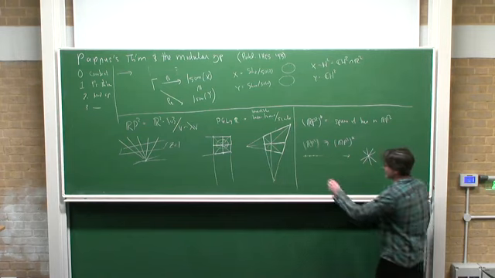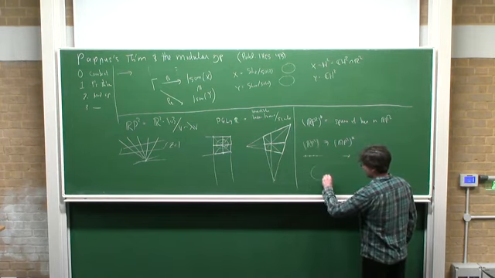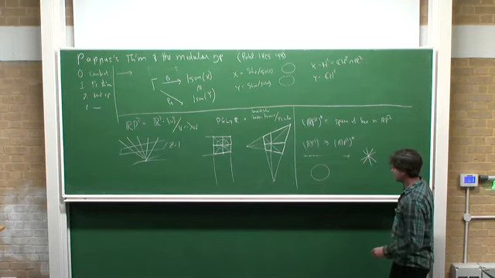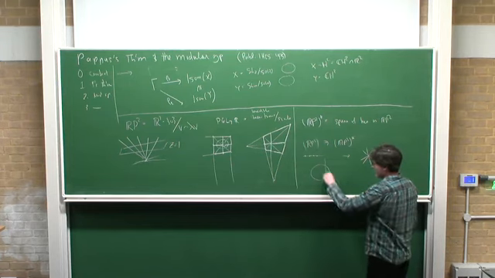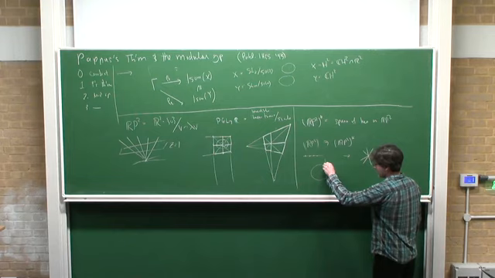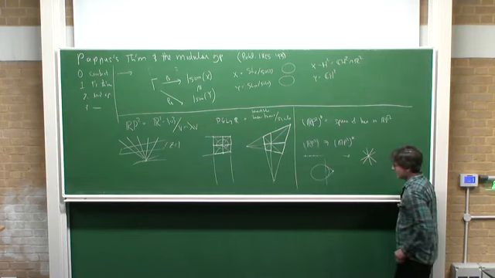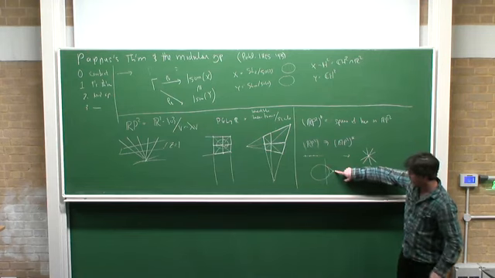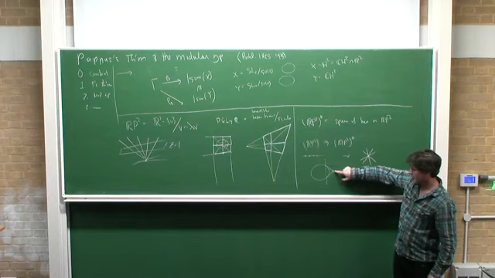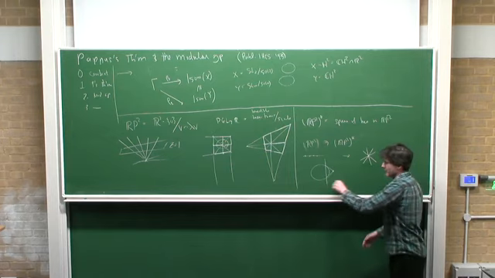There's another one that's nice to look at, which is that if you fix the unit circle, then if you have a line that intersects the unit circle, you take a point on the outside of the unit circle and map it to this line.